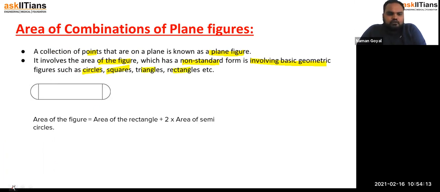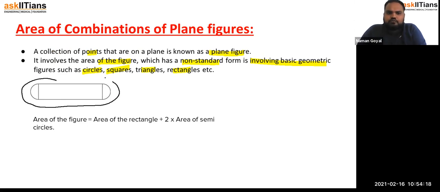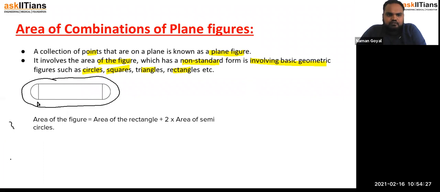Now see, if I give you a question to find the area of this figure. There is a rectangle ABCD. So for this complete area, we have to add the area of this rectangle plus the two semicircles, one semicircle and another semicircle.